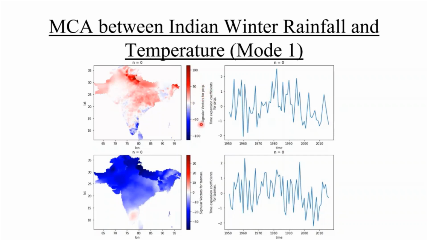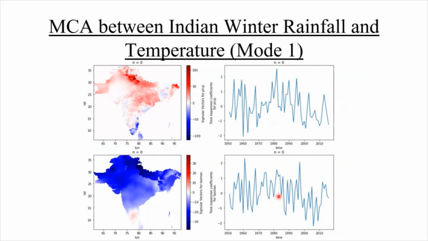This singular vector of precipitation means that this is the EOF of precipitation. This covers the part of the covariance matrix which is represented by precipitation, while this represents the part of the covariance matrix which represents the maximum temperature. And these are the corresponding PCs.